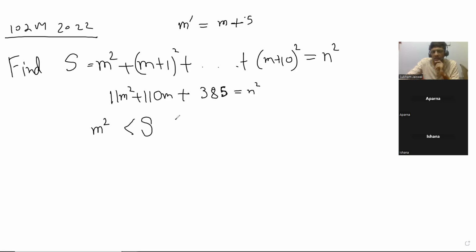But S is less than m plus something square? Any suggestions? Or no? That's not good, because it is not less than m plus 10 square or something like that.